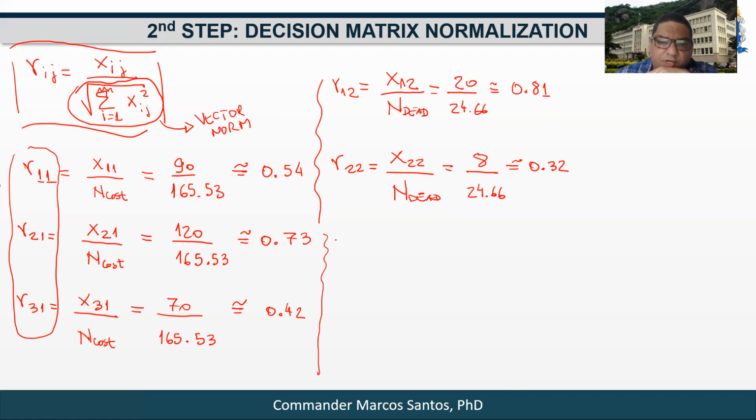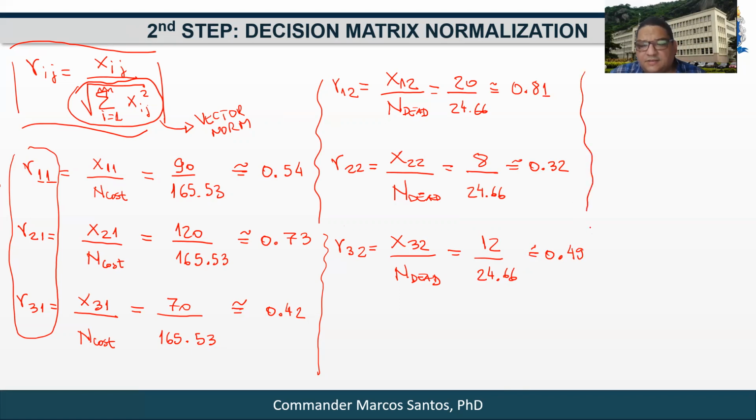And now R32 is x32 over that vector norm, which is 12 over 24.66 equals 0.49.